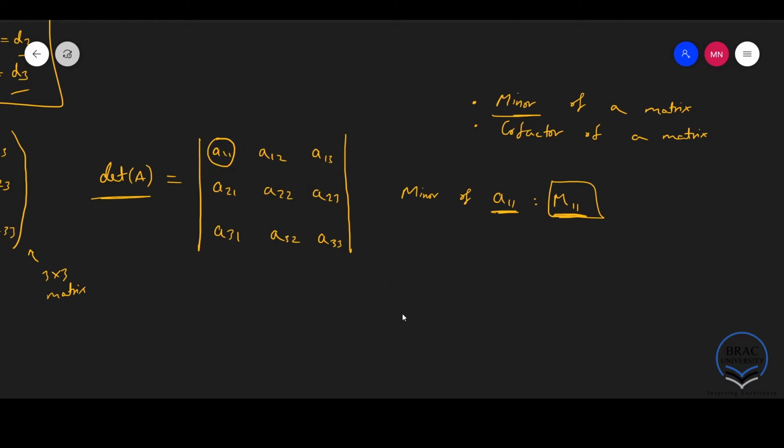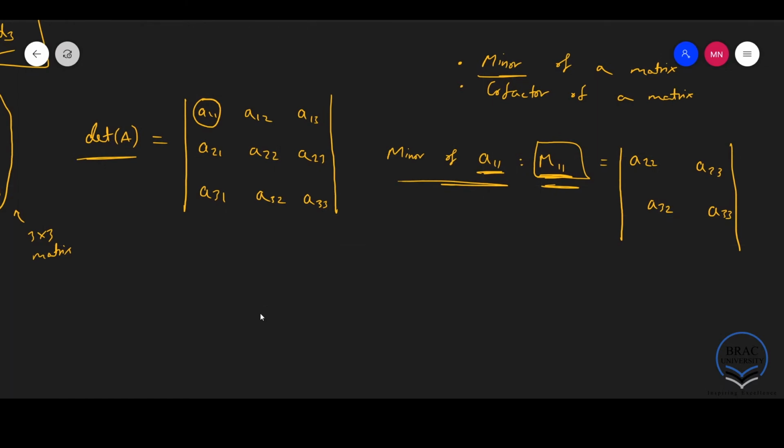I will have A22, A23, A32, and A33. This determinant is the minor of A11.